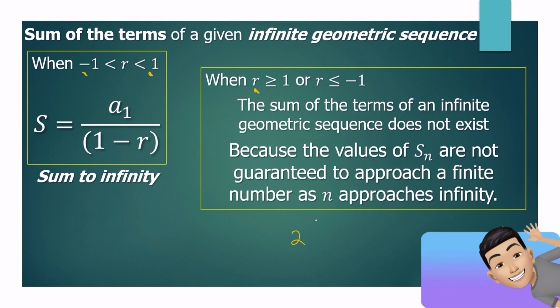Halimbawa ay 3. So 2 times 3, what is 2 times 3? 6 times 3, 18 times 3. Pag yan in-approach na si infinity, palaki siya ng palaki. Wala siyang specific na finite number na ina-approach. Kaya hindi natin makukuha ang kanyang sum of the terms. So it does not exist.